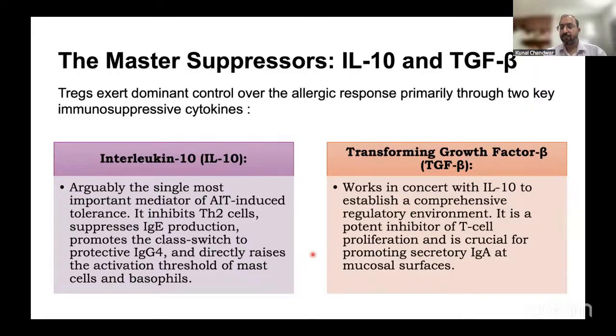Whereas TGF beta works along with IL-10 to establish a comprehensive regulatory environment. It is also very crucial in healing. So whatever damage has been done by the inflammation of Th1, Th2 pathways is often healed and regulated by the TGF beta pathway, and it promotes secretion of IgA at mucosal surfaces.